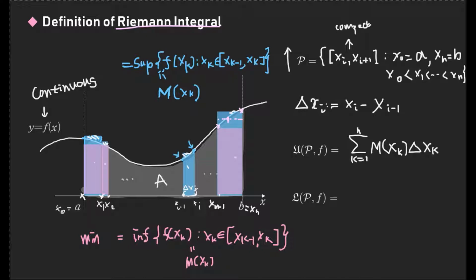So in a similar way, the lower sum is the sum from k=1 to n of m_k delta x_k.